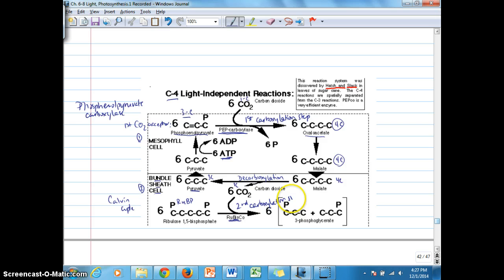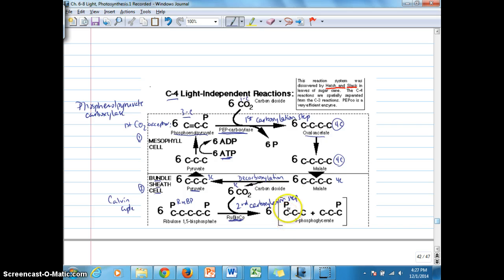The first one happening previously in the mesophyll cell up here, that was catalyzed by phosphoenol pyruvate carboxylase. The second carboxylation step is the one we're already familiar with, where Rubisco catalyzes fixation of the CO2 molecule that's released here. That CO2 molecule becomes fixed with RuBP.